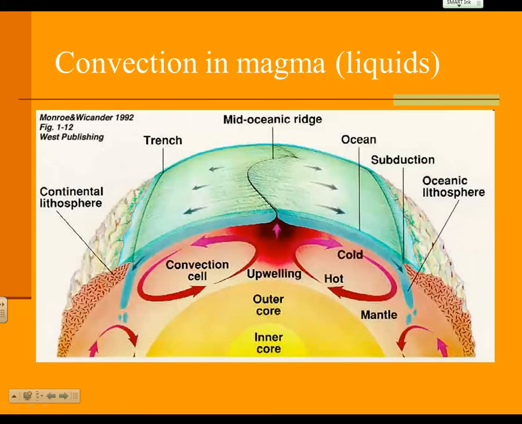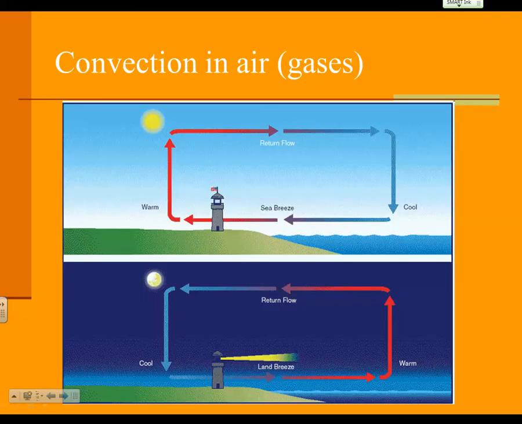And there's convection in magma inside the earth. The reason why it's rising, you guys should know this by now, is the density of those hotter materials is less than the material surrounding them, and so they are pushed upwards. And we also did quite a bit with breezes.